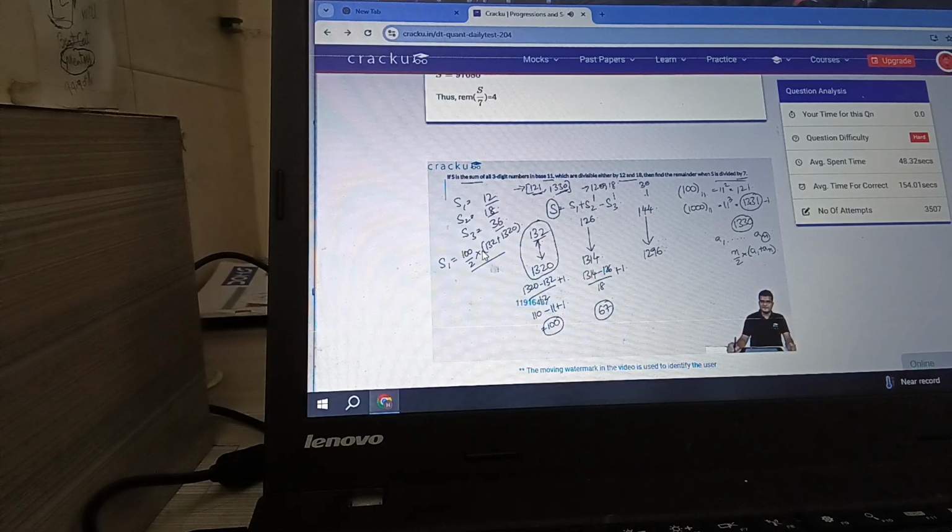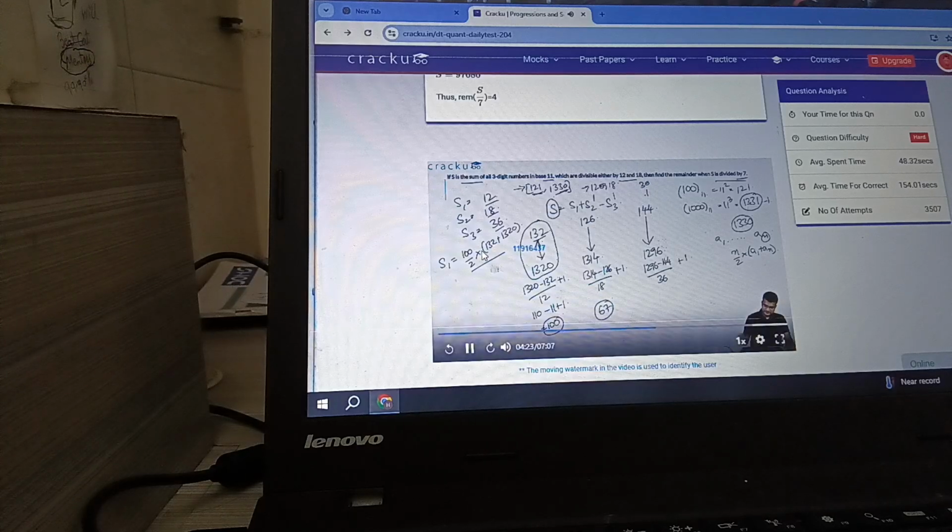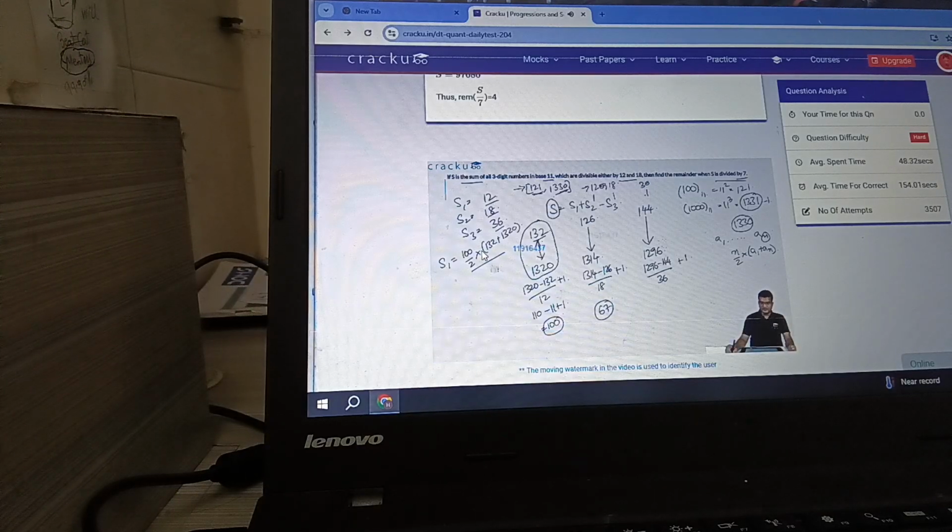Therefore, how many multiples of 36 are there in the given interval? It will be (1296 minus 144) divided by 36, plus 1. What is 1296 minus 144? This is equal to 1152. 1152 divided by 36 will be equal to 32, plus 1, which is equal to 33. So there are 33 multiples of 36 in the given interval.